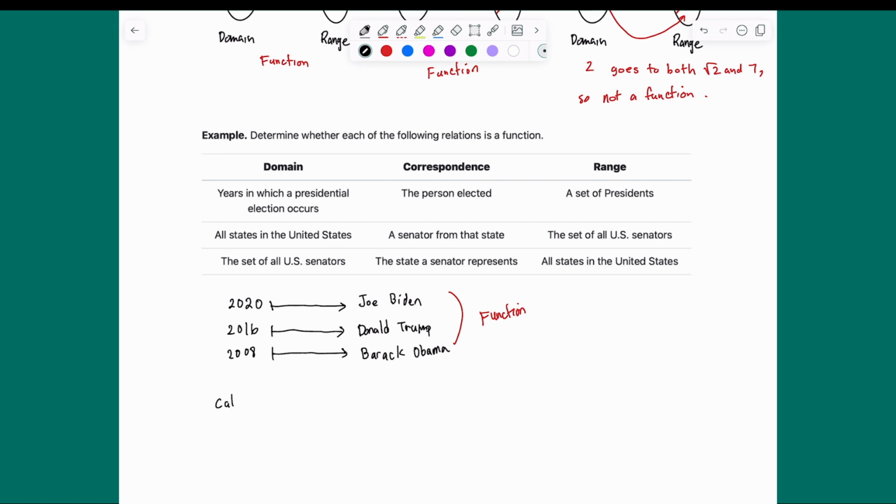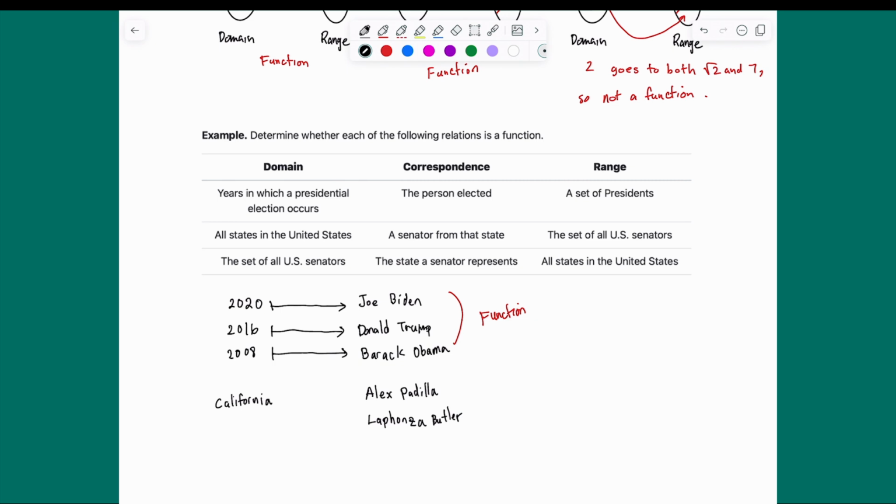California currently has an elected senator named Alex Padilla, and we also have another senator who was appointed because of the death of one of our senators, maybe a year or so ago, and that's Laphonza Butler.